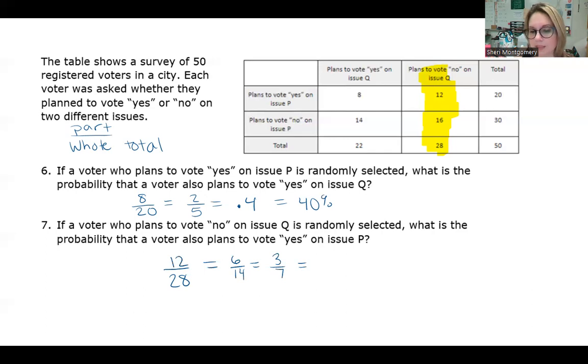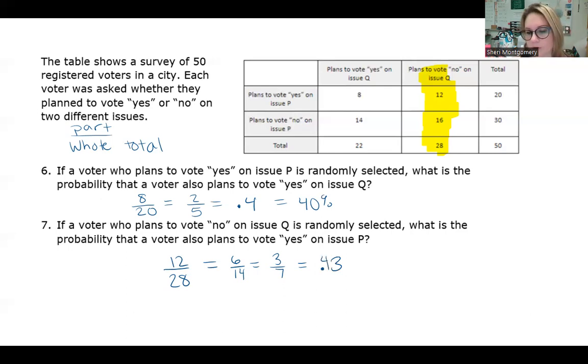Let's figure out what that decimal is. Point what? 0.3? 4 point.